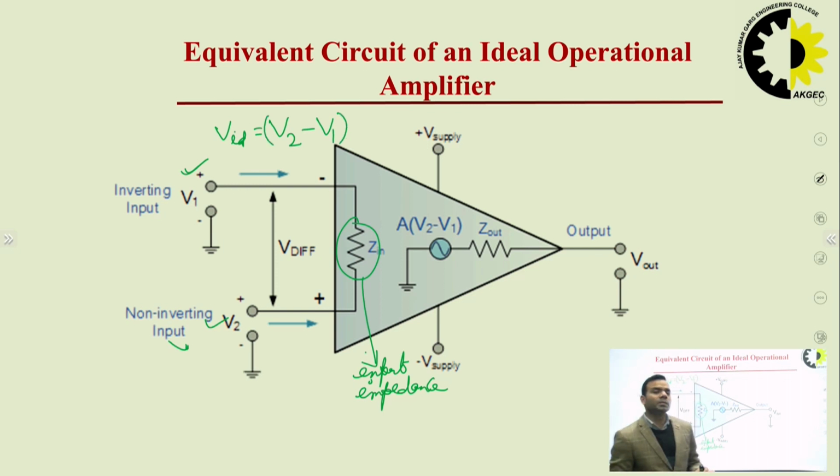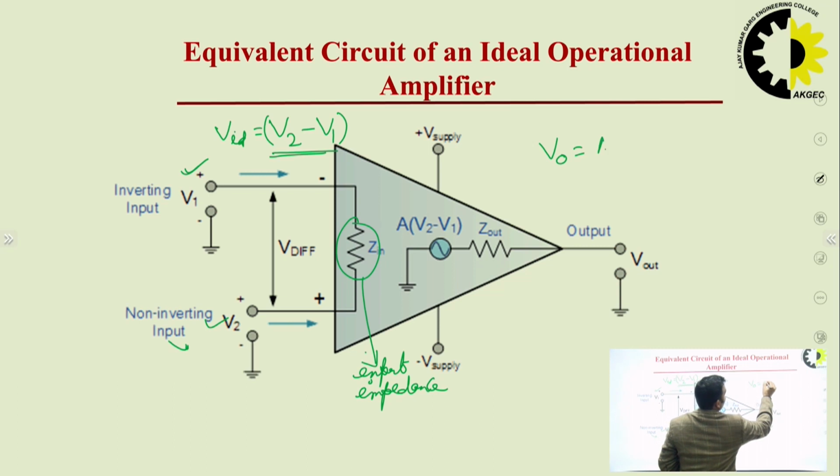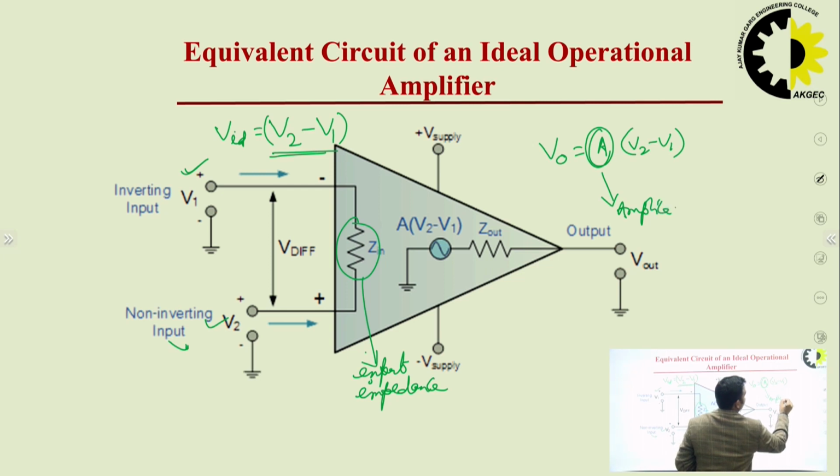So differential input will be the difference of two inputs, that means V2 and V1. What will be the output? Output will be the amplification of these two inputs. So V output will be the difference V2 minus V1, multiplied by amplification factor, which is also called gain.